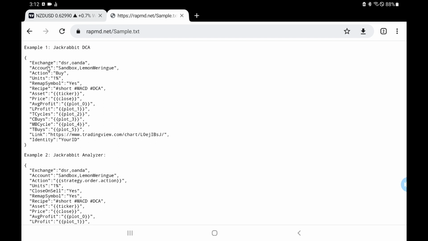Now up here I put buy, but you can put sell or close. If you put close, it closes out the entire position altogether, which is more than likely what you want. If you put sell, it only sells 1% of your position. Most likely, that is not what you want. You are always going to probably want close.